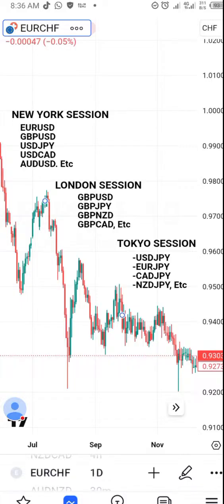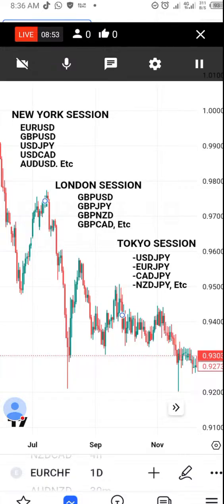So the currency you want to trade during the Sydney session is NZD pairs and AUD pairs. These are the pairs you want to trade during the Sydney session, right?